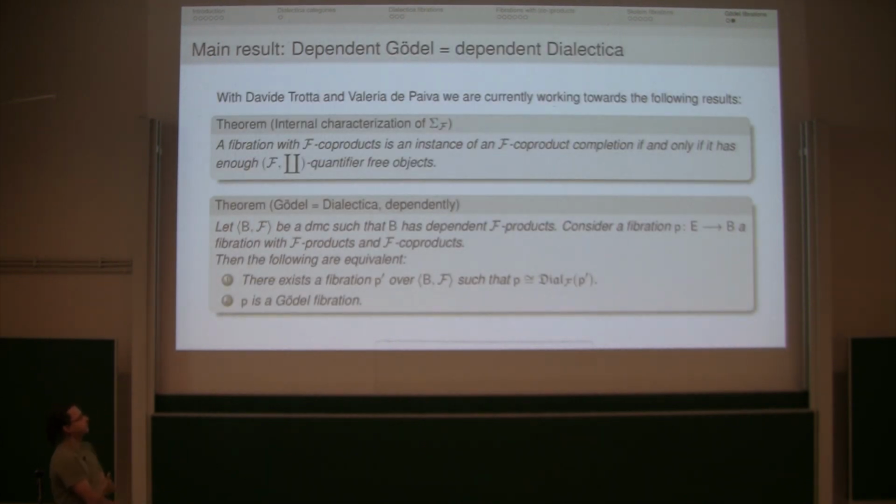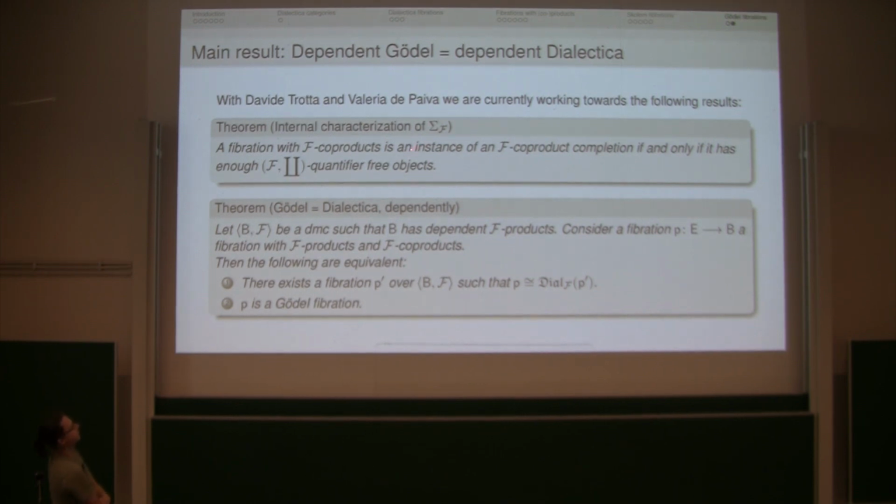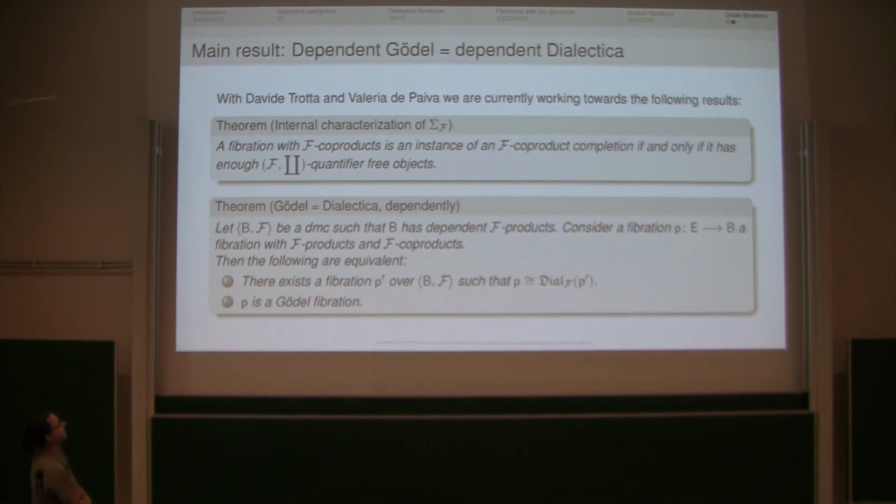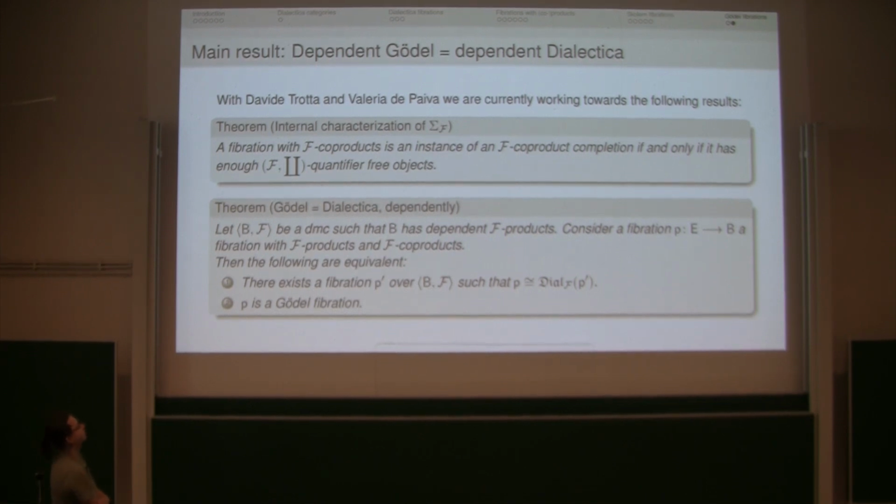And then the main results that we're working towards at the moment is an internal characterization of the sum completion in that vein by exactly the condition to have enough co-product quantifier-free elements, and hence also the dual version for the product completion.